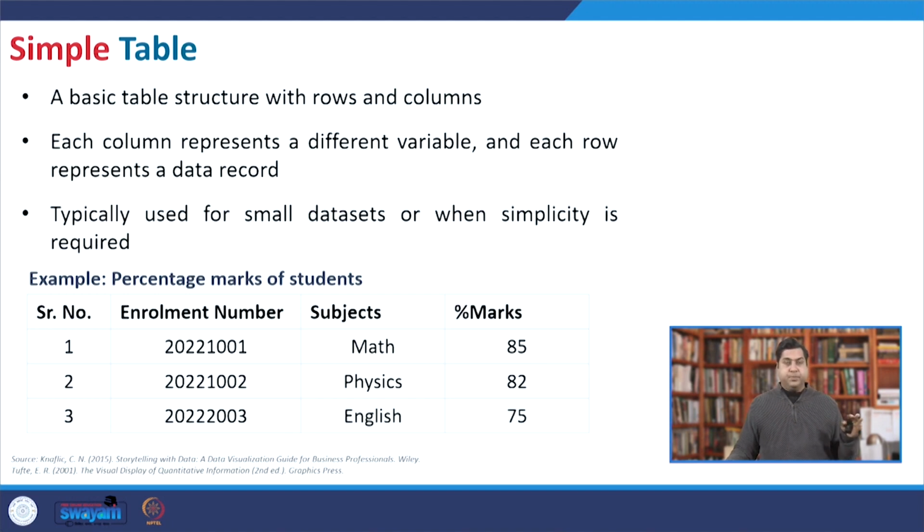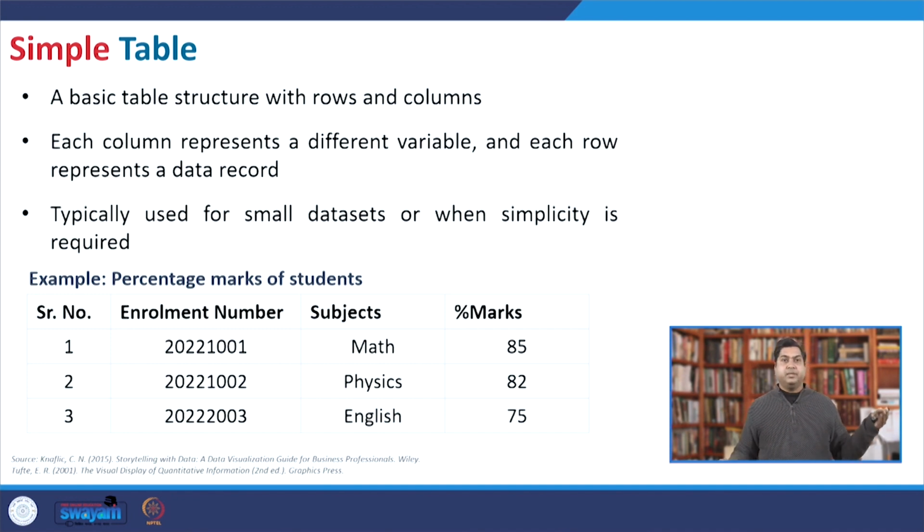First, a simple table, right. This is just something where we store the data. We use different columns for certain variables, certain inputs, and we can use the rows for certain categories. But it depends on the research purpose, or the convenience of the researcher, how they will consider the columns and rows.